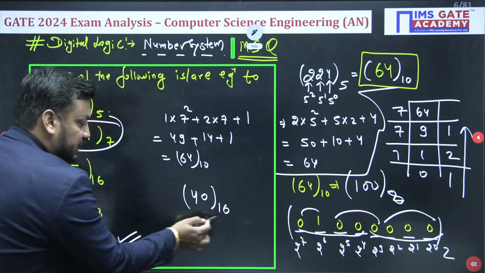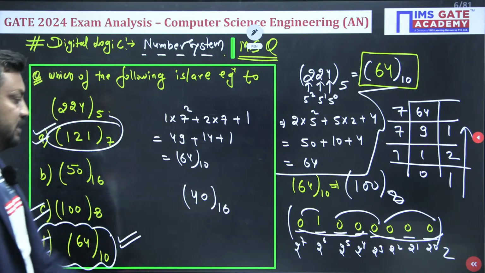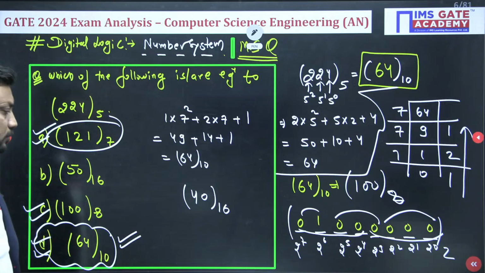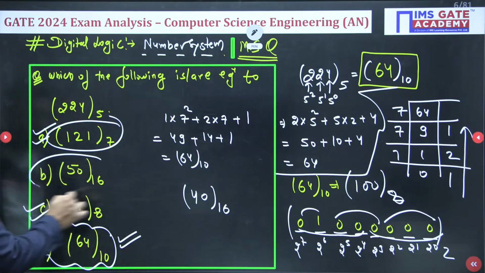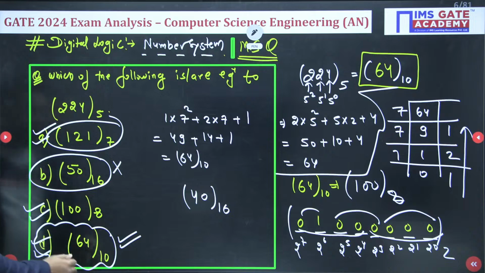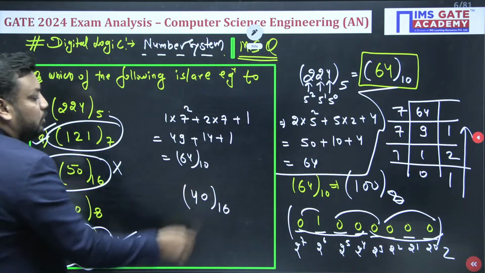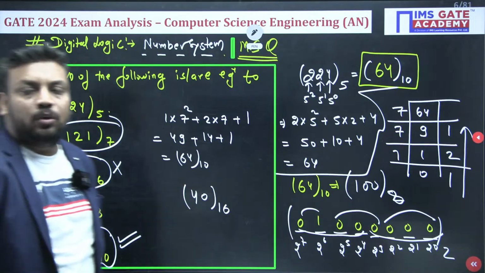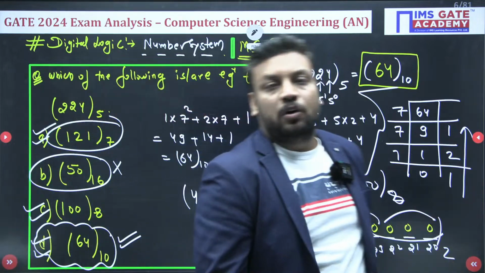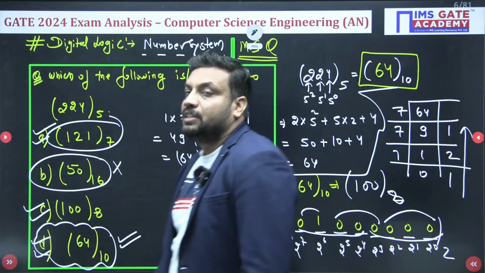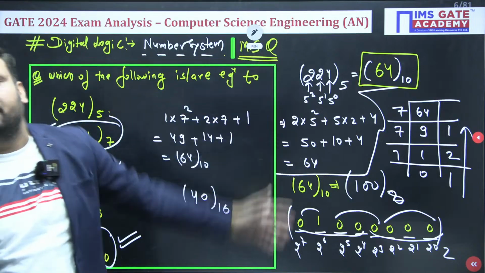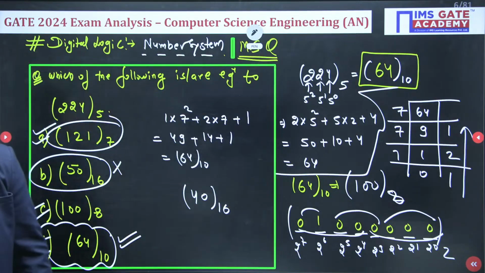Even you can expand 16 to the power 0, and 16 fours are 64 only. So that is why this is wrong. Why is this wrong? Because the correct answer is 40 in base 16. If it were 40, then A, B, C, D would all be correct. Is this clear, bachcho?